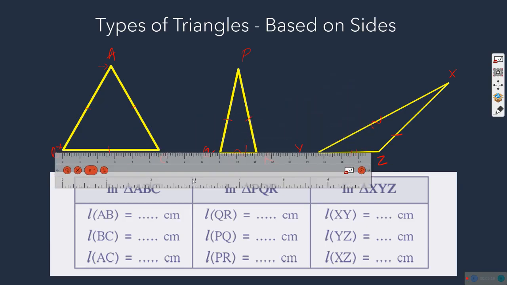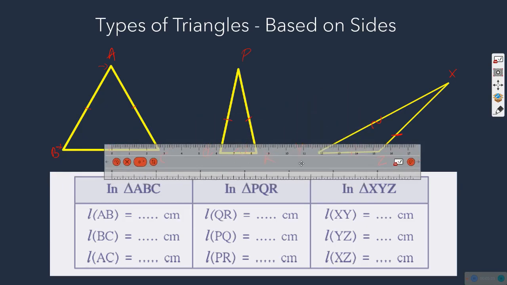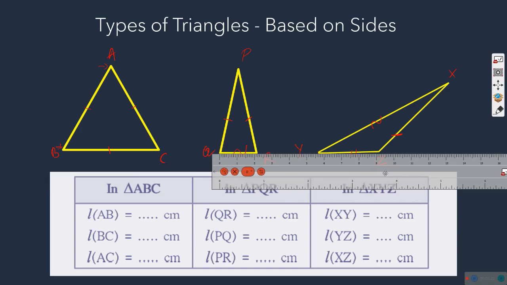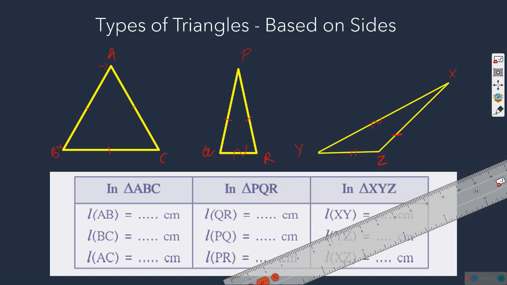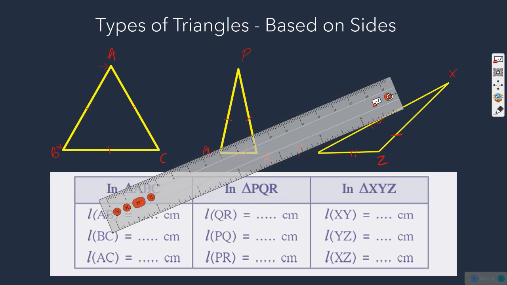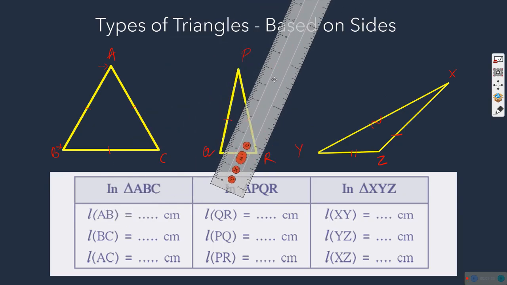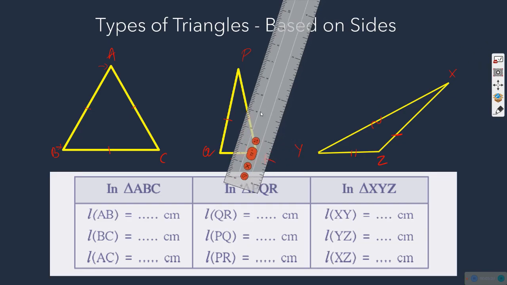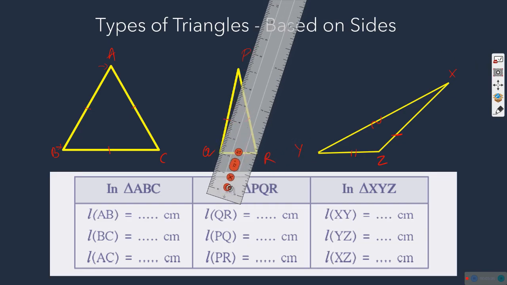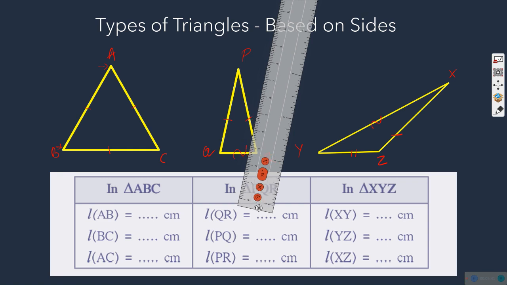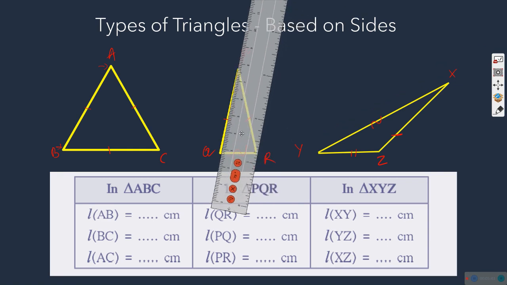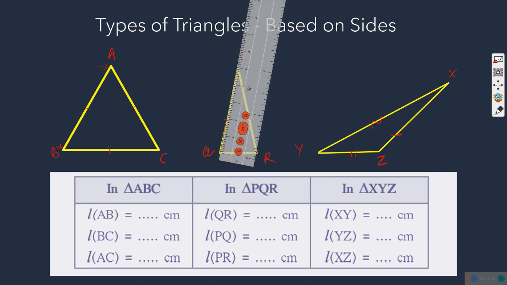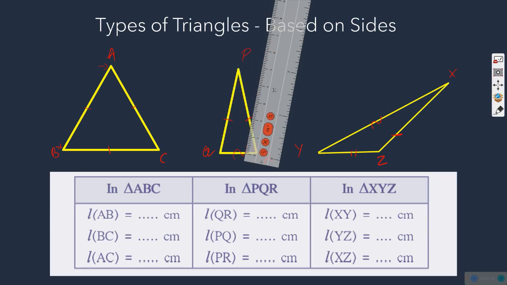See, it is 5.5. But on the other hand, here it is a very smaller side of 2.2, but the other two sides are, if I think, okay, see, this side is almost 5 centimeter.